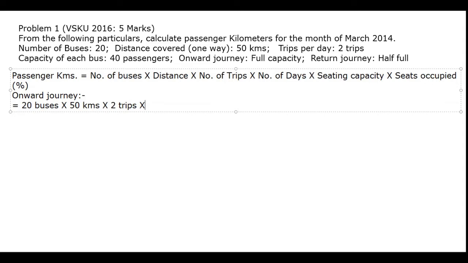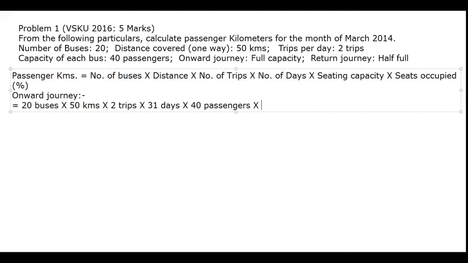What's given in the problem? For the month of March. For the month of March means in the month of March we have 31 days, into seating capacity, it is 40 passengers. And finally, what was the seats occupied when onward journey while going?